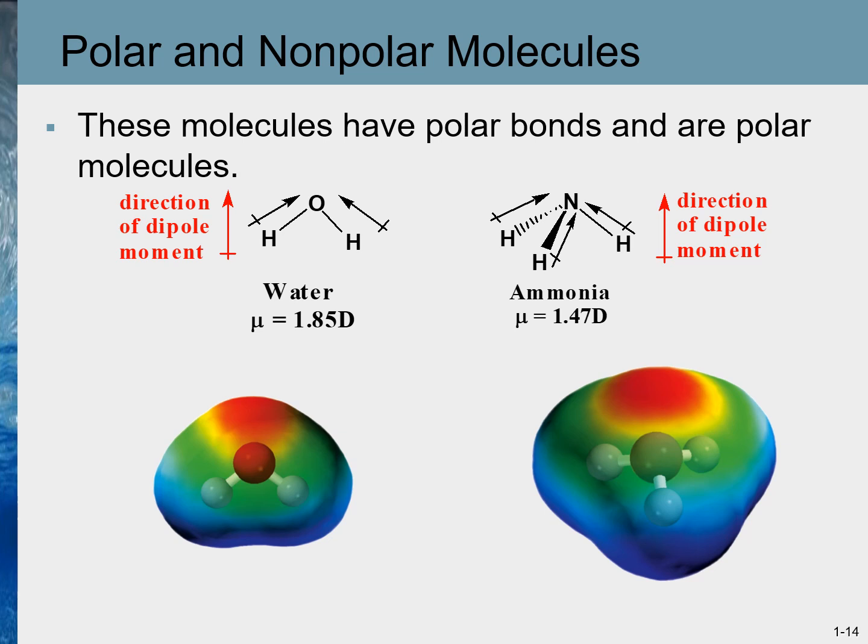The electron density maps of water and ammonia are shown here. And we can see that in these cases also the electron density is concentrated around the more electronegative elements such as oxygen in case of water and nitrogen in case of ammonia.